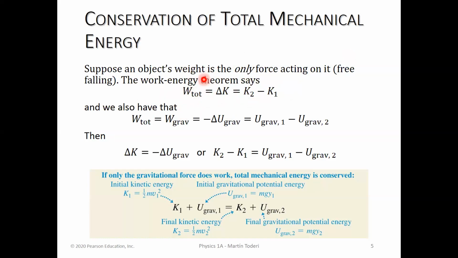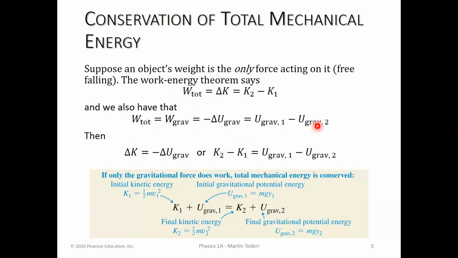And the total work of all the forces, the sum of the work of every force acting, in this case will be just the work of the weight. So we know that this is equal to delta K. So we know that this is equal to the work of the gravitational force, of the weight. And we know from the previous slide that this is minus delta gravitational potential energy.